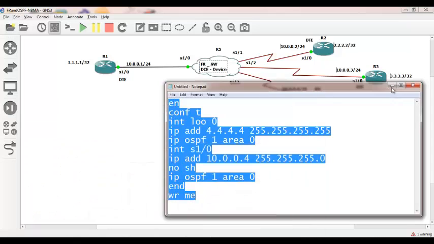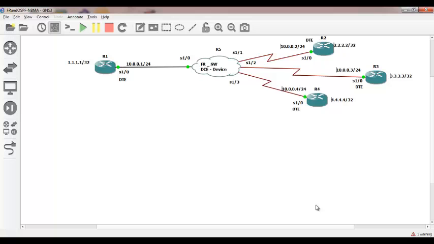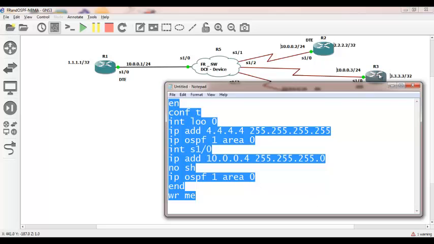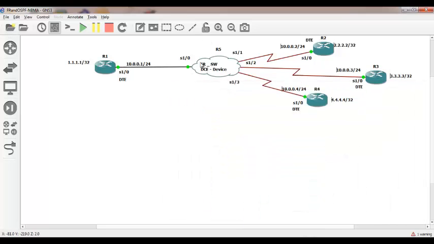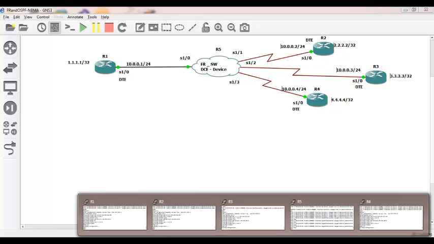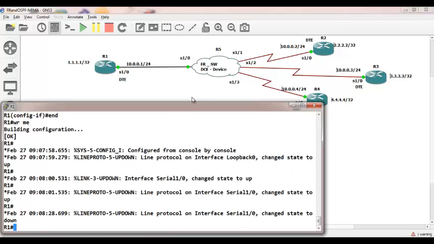Right. So we have configured OSPF on all the devices. Only the frame relay is left. Before I configure frame relay on the frame relay switch, let's go to R1 again. Meanwhile, I'll start this R5.